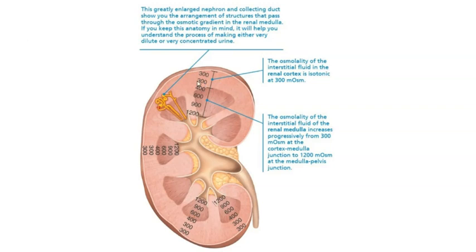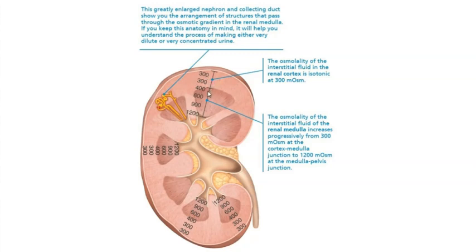Recall that the outer region of the kidney here is the renal cortex. The deeper regions where the pyramids are is the renal medulla. And what you're seeing here is that the osmolarity, or the fluid concentrations, are actually increasing as you get deeper into the kidney. So in the cortex of the kidney, the fluid osmolarity is roughly 300 milliosmoles, as we had talked about.